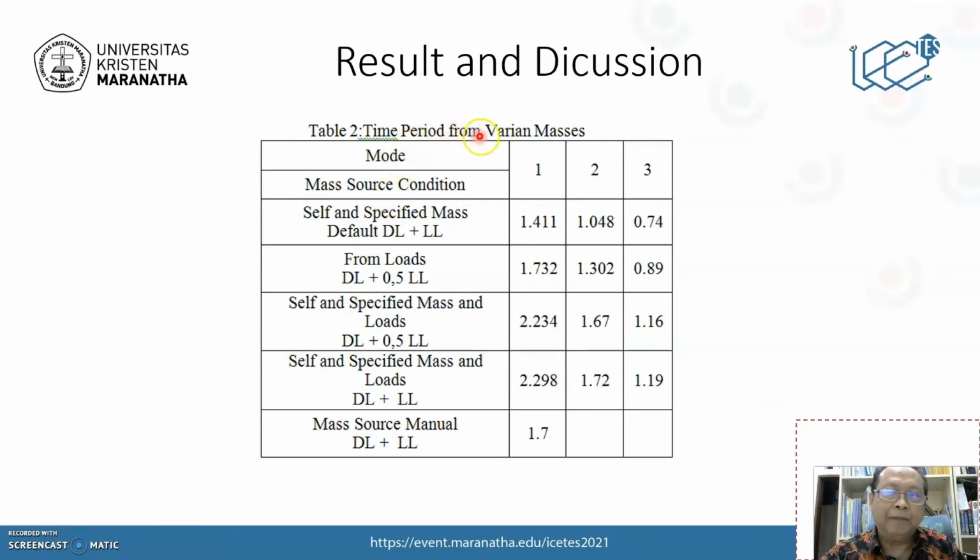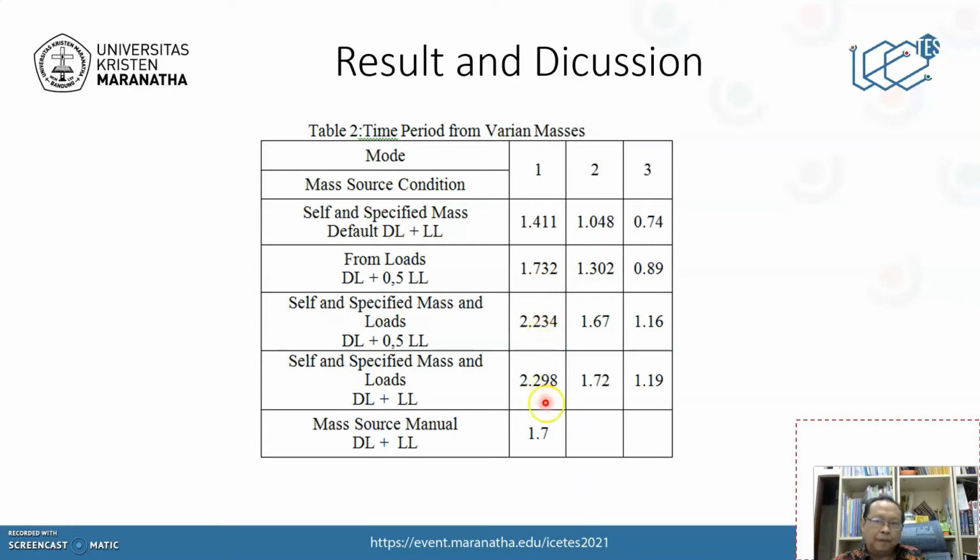Time period from variant masses. Mass source condition: in the self and specified mass default, which assumed dead load plus live load, the period is 1.411. But for from loads, the period is 1.732.